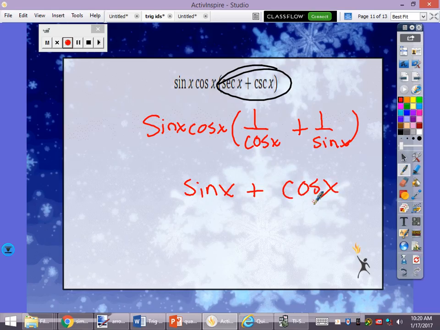These are basic trig. This is not an identity because it's not squared. Therefore, the problem is done. You got the same answer? Okay. All right. Let me show you one more quickly. You can't. This is not an identity and it's basic trig. Time out.